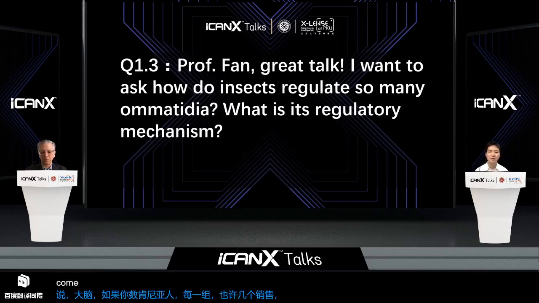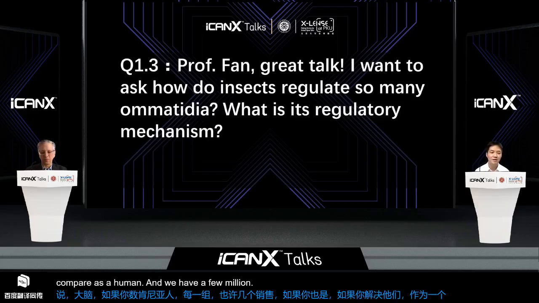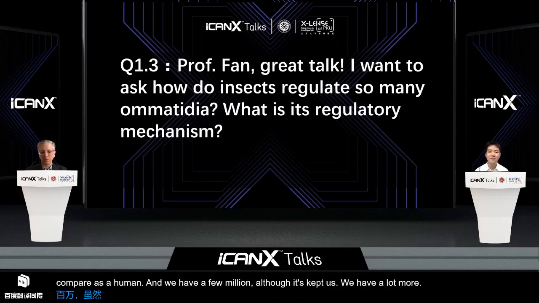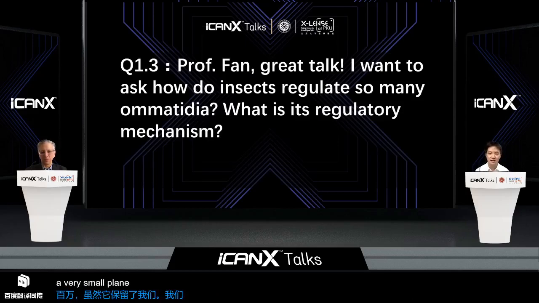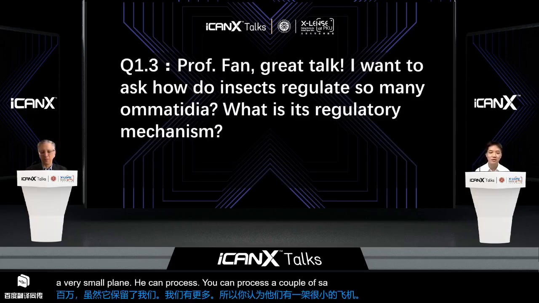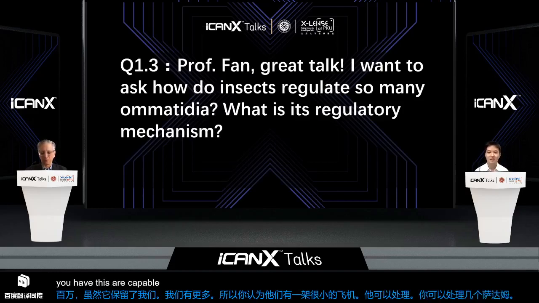Compared with a human, we have a few million photoreceptors. We have a lot more. The insect has a very small brain, but they can process a couple thousand photodetector signals at the same time. They still have this capability.